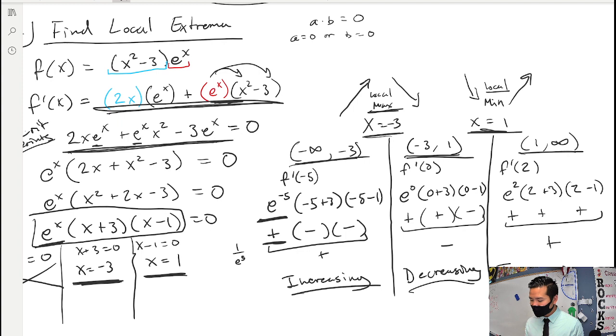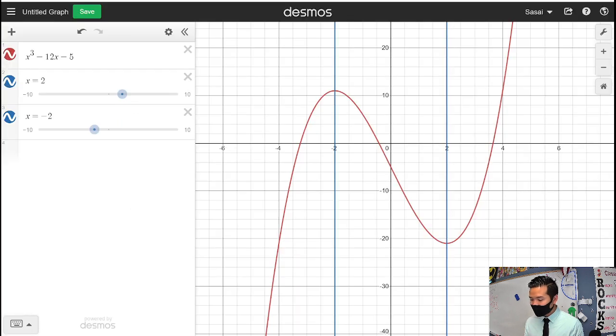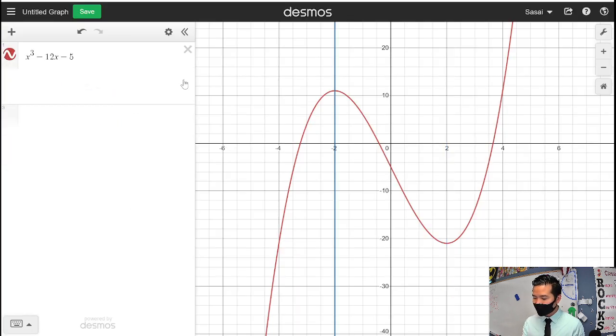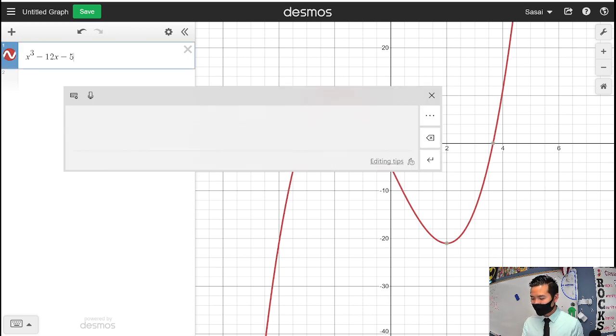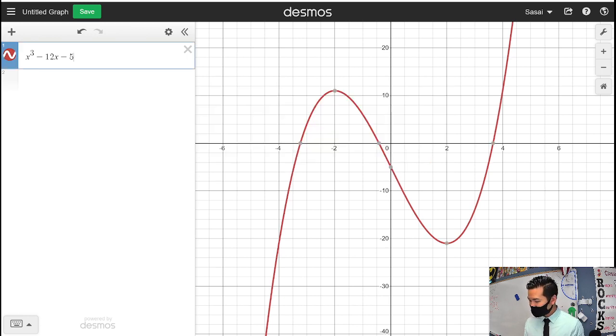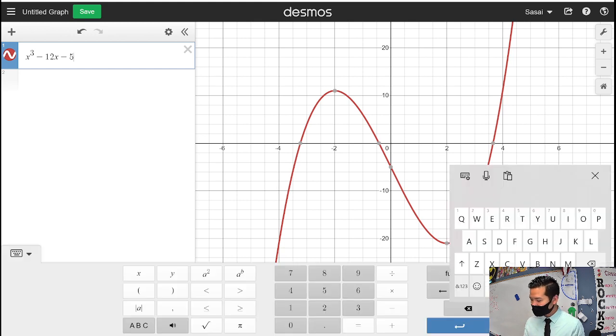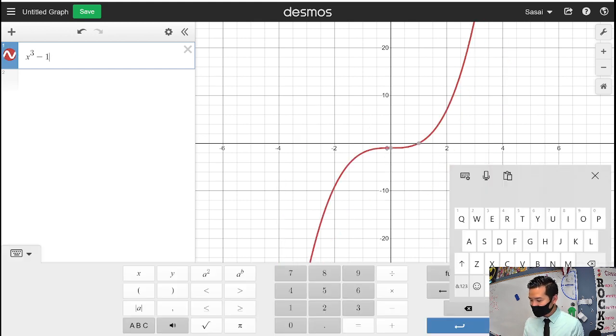So let's go ahead and look at this graph. Let's get rid of these. Let's bring up this keyboard. Delete. So what was it? It was parentheses.